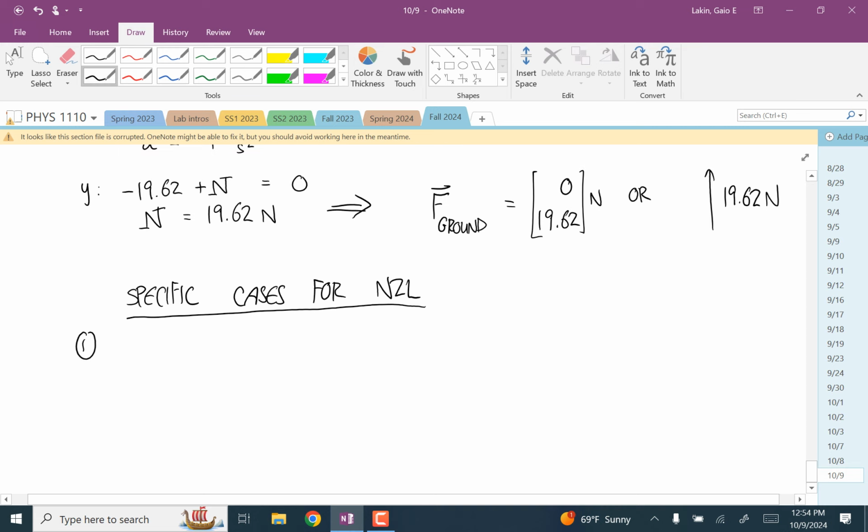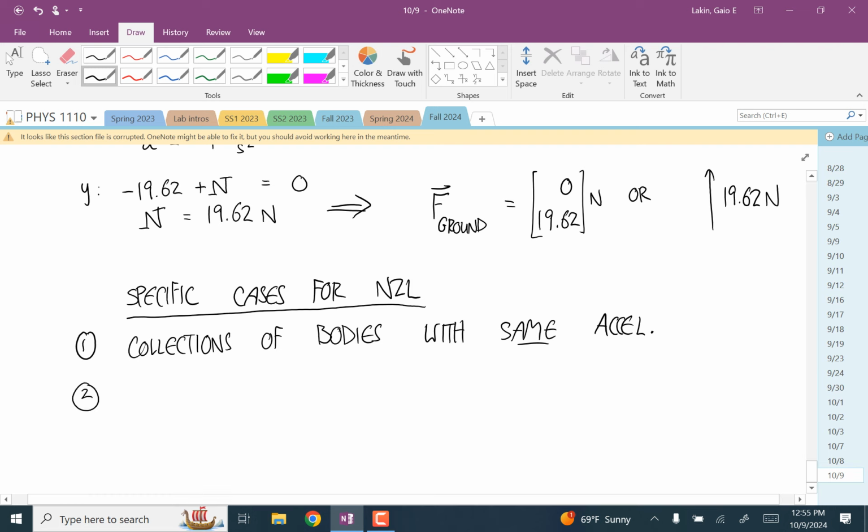The first one is collections of bodies in contact that have the same acceleration. So that's the one we're going to get to today.